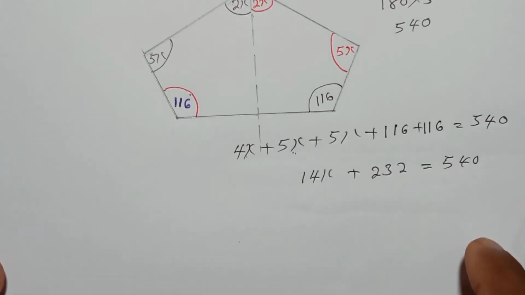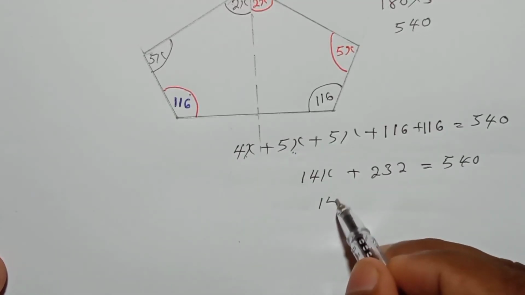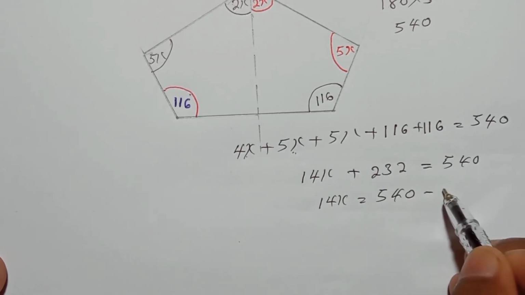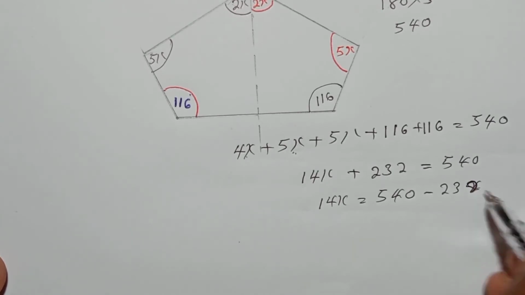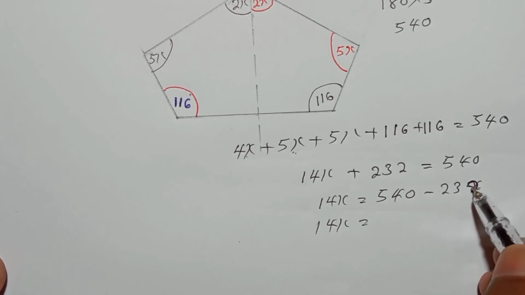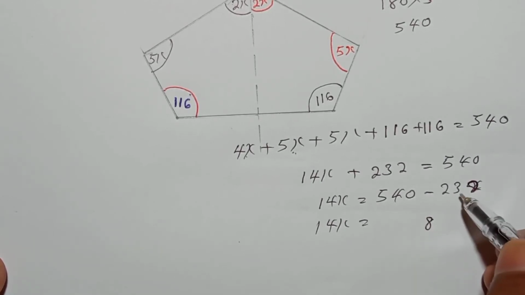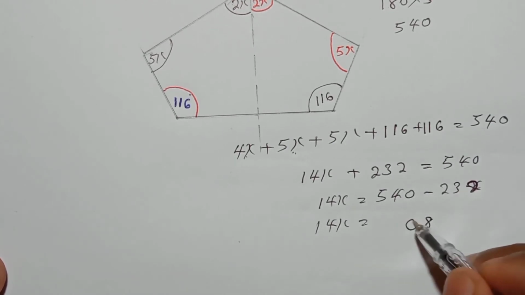The rest I think you know. We can bring this 232 to this side, so here will be 14x equals 540 minus 232. Now when you subtract, find the value here. Here 8, and here will be 3, right? 3 minus 3 means 0.